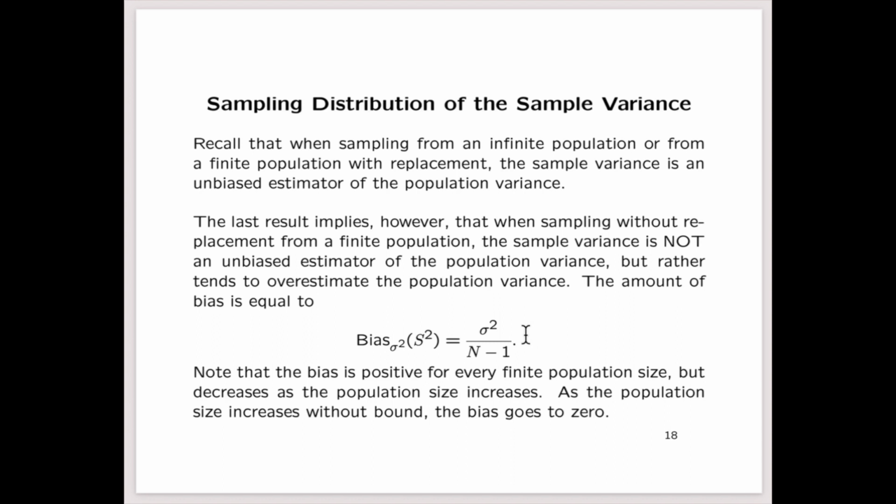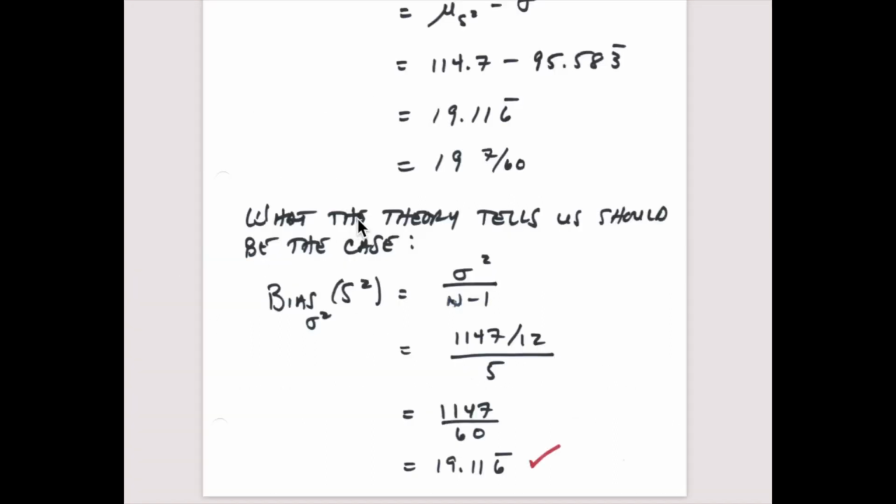The bias is larger for larger values of the population variance, and it attenuates towards 0 as the population size gets larger. And that's what we're saying here. So for a fixed population, a population with a given population size, the sample variance, S squared, will be biased as an estimator of sigma squared, and it will tend to overestimate that population variance.